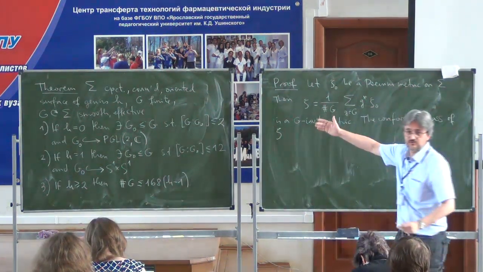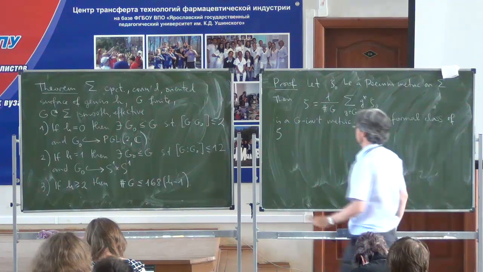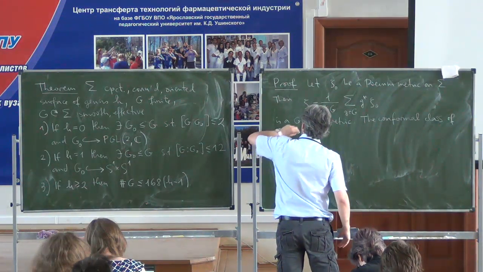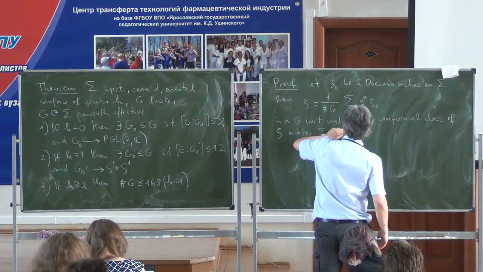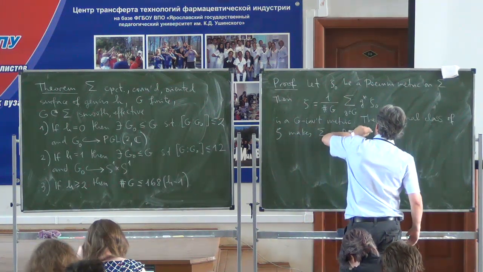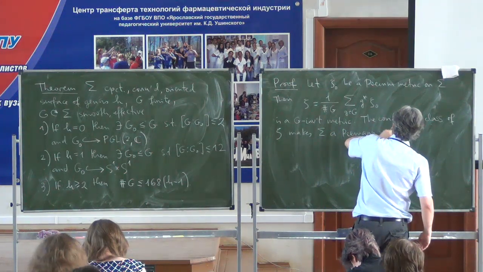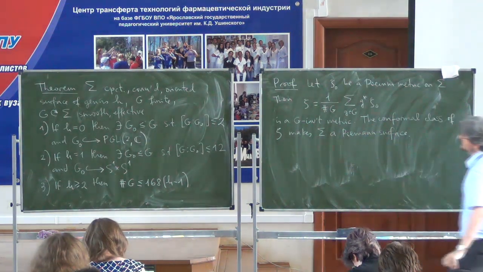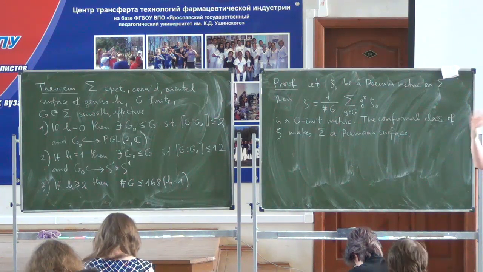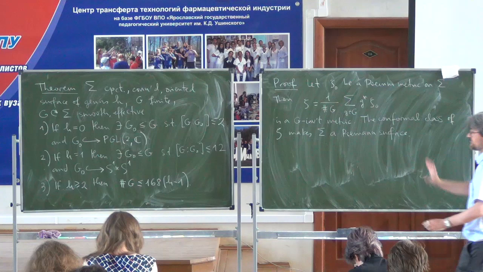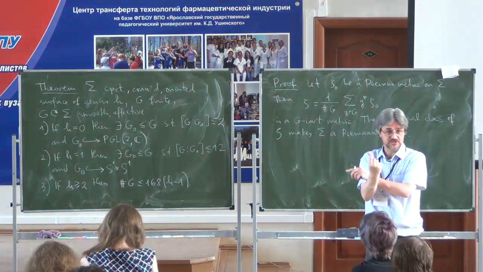And this defines a structure of Riemann surface on sigma. And G does not necessarily act by automorphisms of a Riemann surface, because some elements might reverse the orientation.